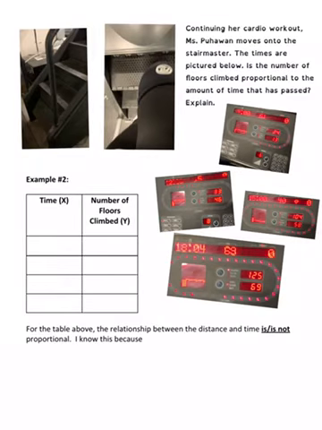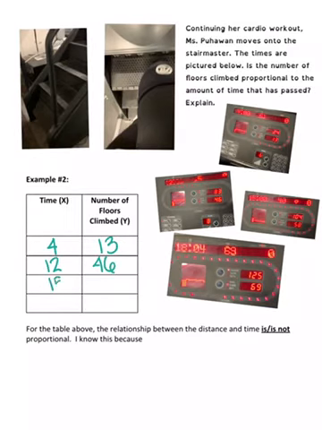All right, I did my very best to take a picture while I was doing this workout of the times with the floors, and they are pictured on the side. The first one, it was 4 minutes, and at those 4 minutes, I climbed 13 floors. At 12 minutes, I had climbed 46 floors.